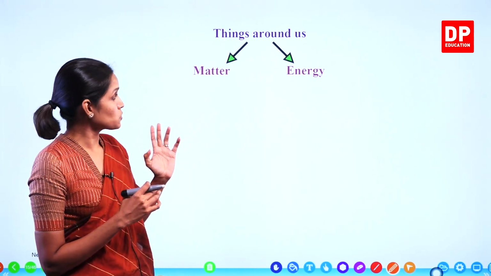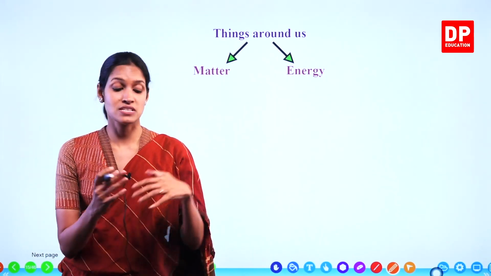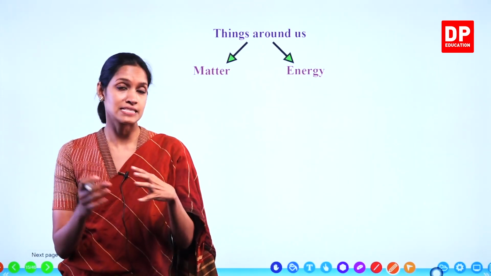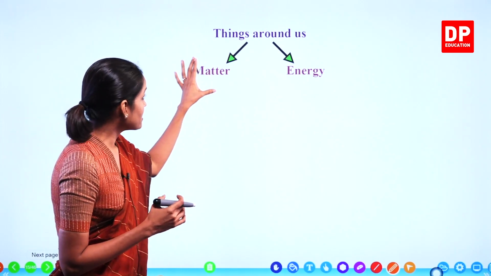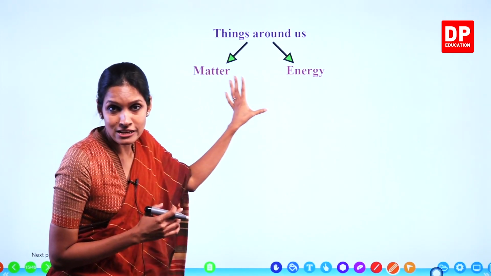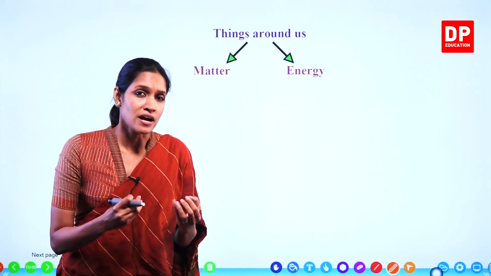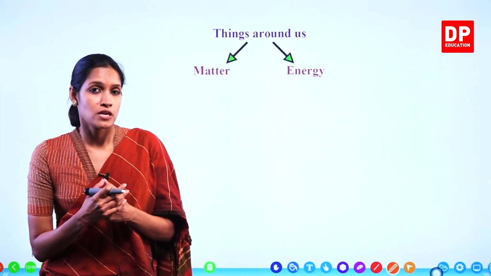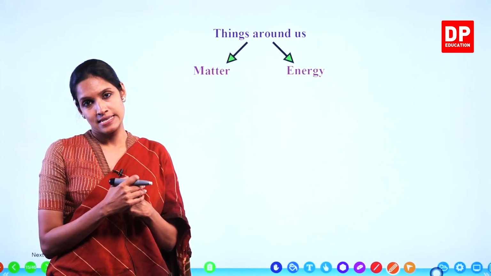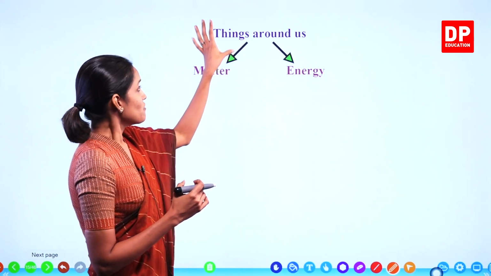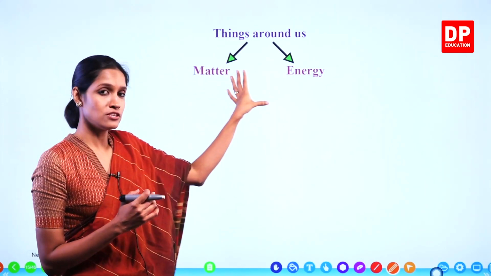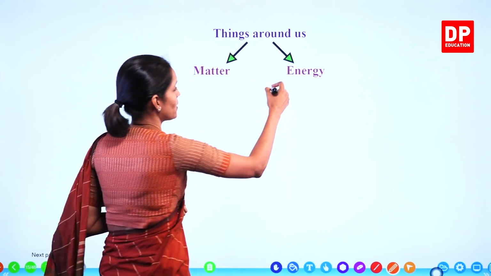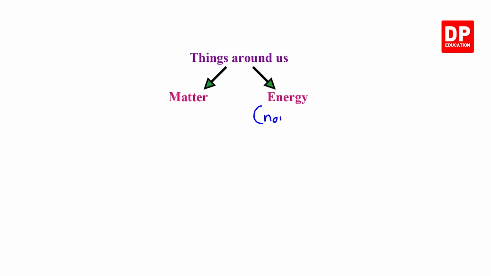And according to the growth of the things, we divided those things as living things and non-living things. Here the factor we are going to use in order to divide the things around us as matter and energy, the presence of mass and occupying space. That factor we are going to consider. So you all know that we can divide the things around us into matter and energy. I told you energy is again known as non-matter.